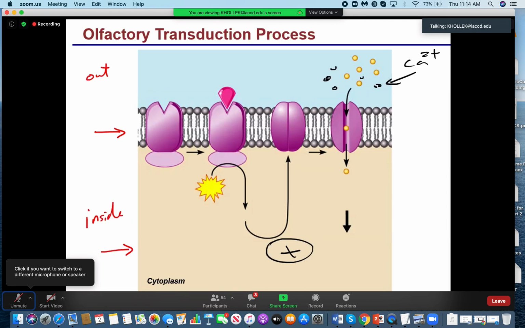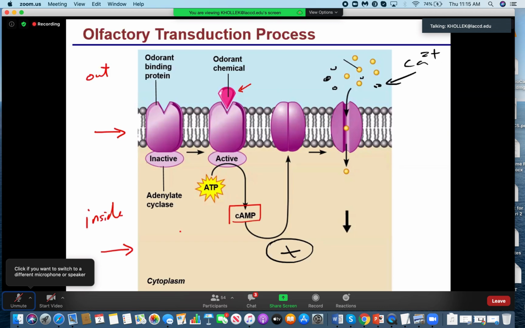As you can see, the odor chemicals are coming in and binding to the receptors. Once it binds to the receptor, a little bit later this activates the G-link protein, which activates the adenylate cyclase, which hydrolyzes the ATP to cyclic AMP.